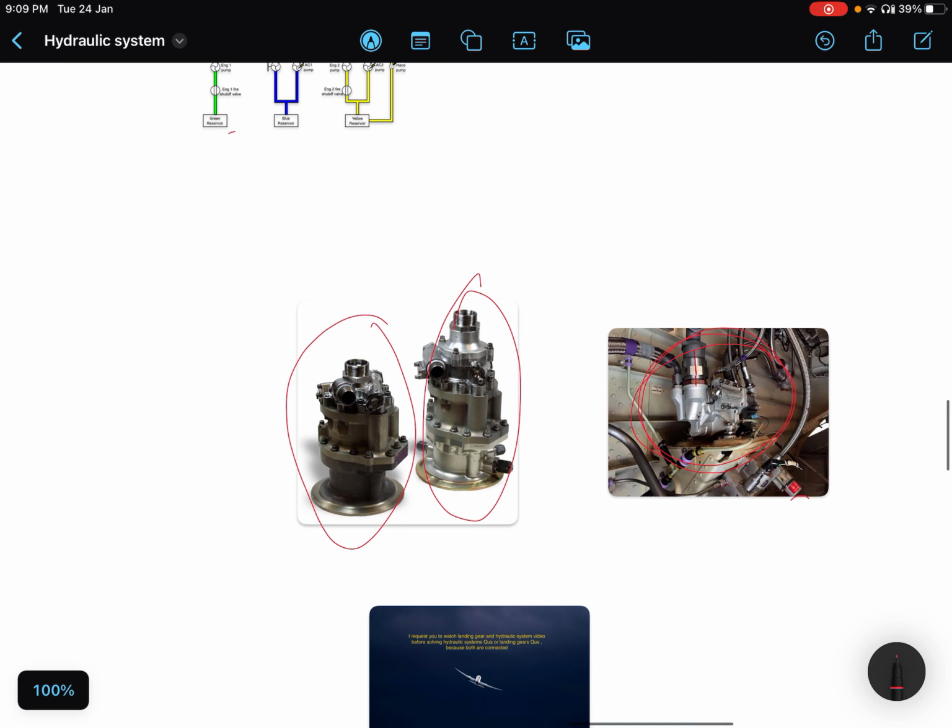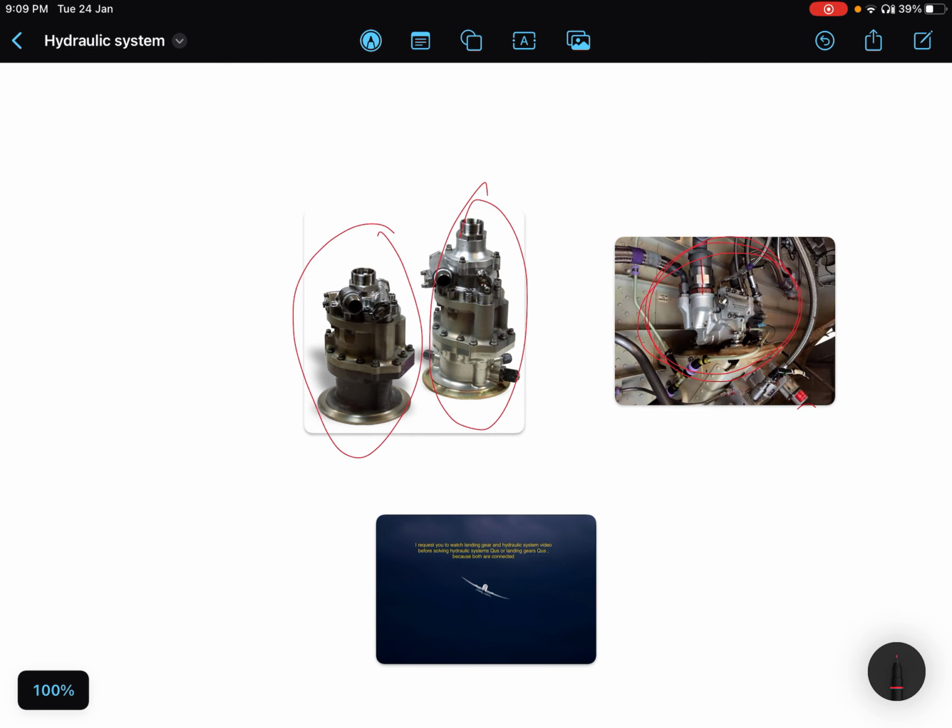Okay, if you are willing to solve question answers of hydraulic systems, I would like to request you to please watch the landing gear video or read landing gear from the FCOM. It will be easy for you because landing gear and hydraulics are interconnected, because it's from the green system only.